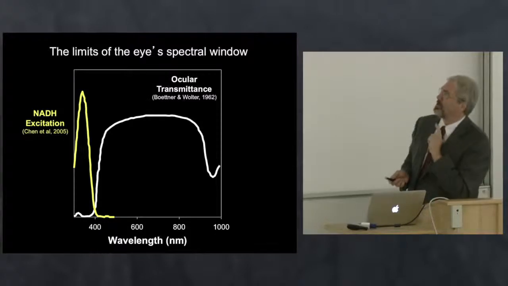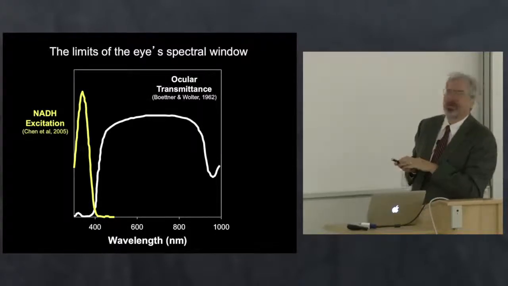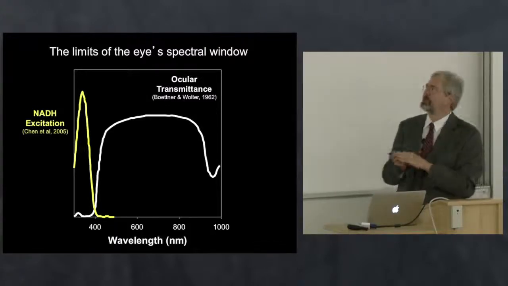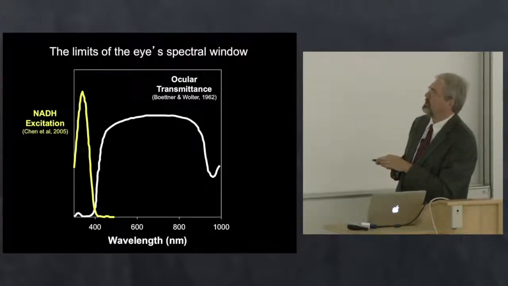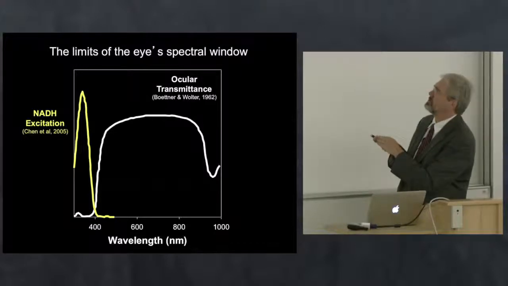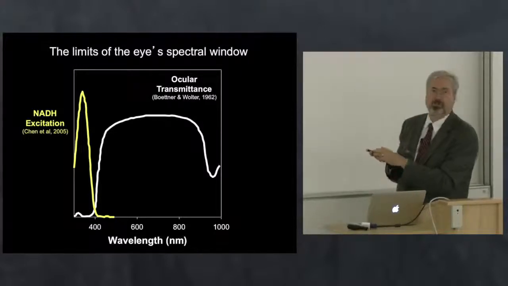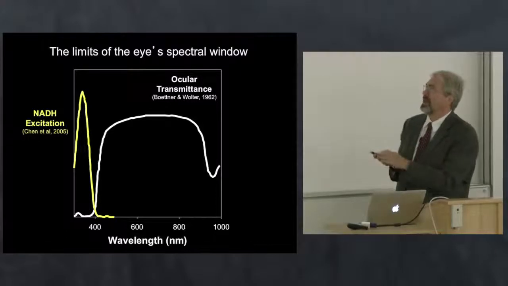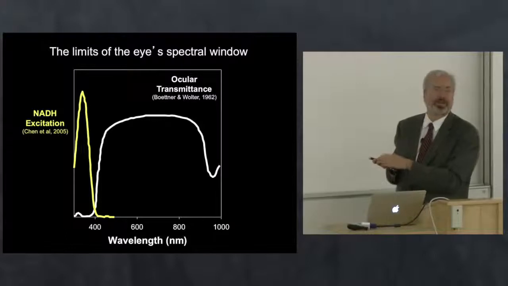But in the eye, there's this other cool advantage, which is that you can tickle molecules that are outside of the spectral window of the eye's optics. So, for example, here's the spectral window of the eye's optics. This is the ocular transmittance, and it's largely due to the cornea and lens and how much light they absorb. They really suck up all the light in the UV. Very difficult to get UV light onto the retina because of this limitation. NADH, on the other hand, has an excitation spectra that falls right there outside the window.